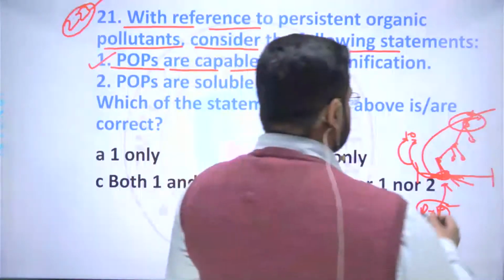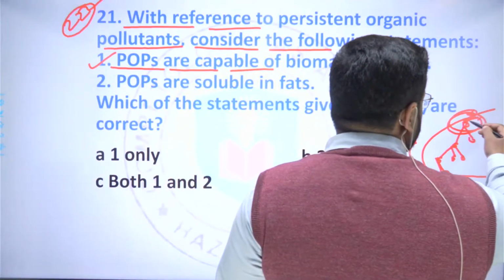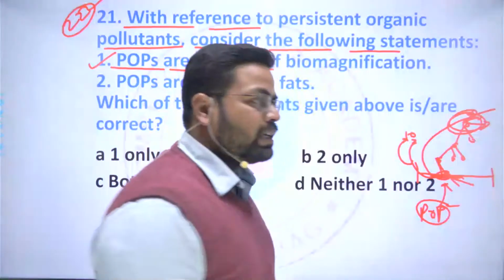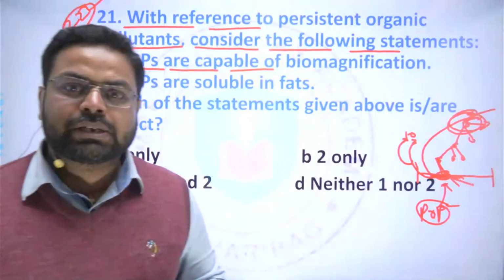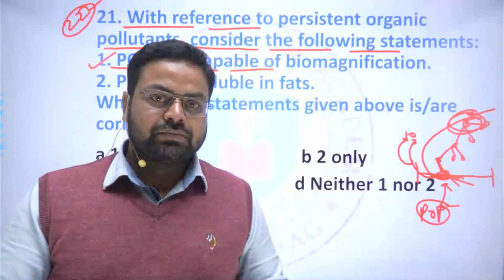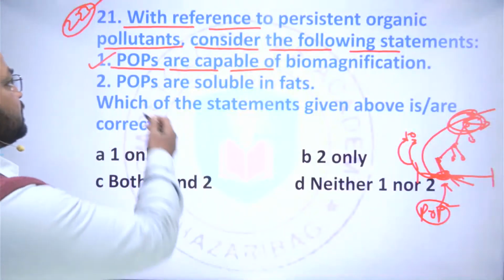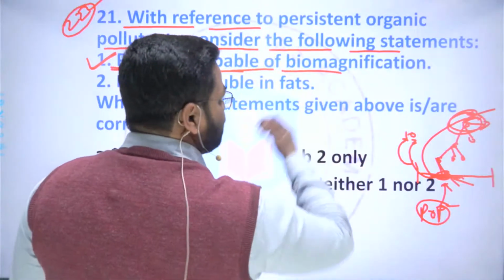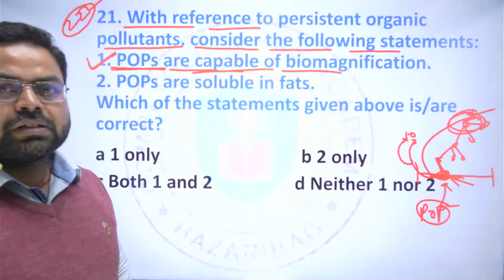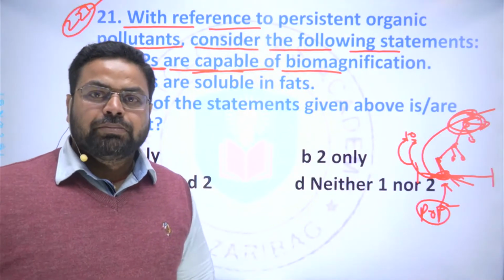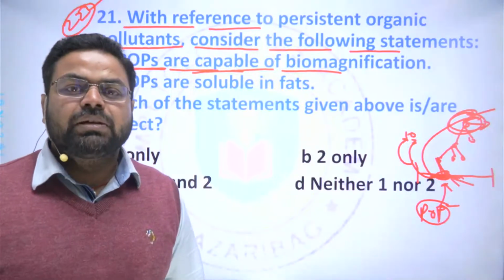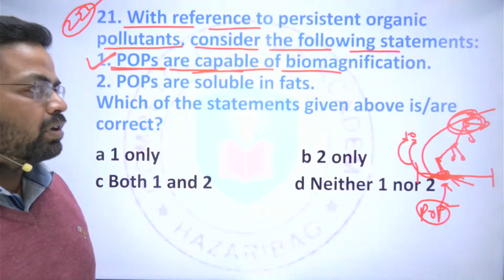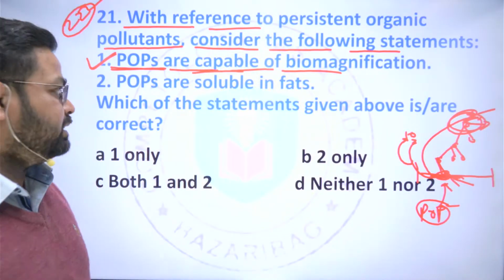And this leads to the magnification of the POPs in the body of the apex level animal. So this statement is correct that the POPs are capable of biomagnification, that is, the amount of POPs available in the apex level organism's body will get multiplied.